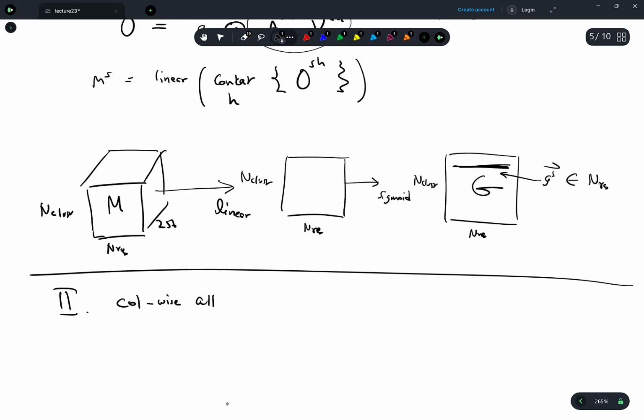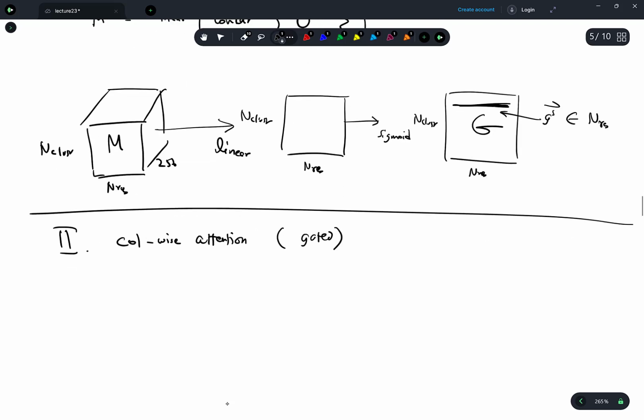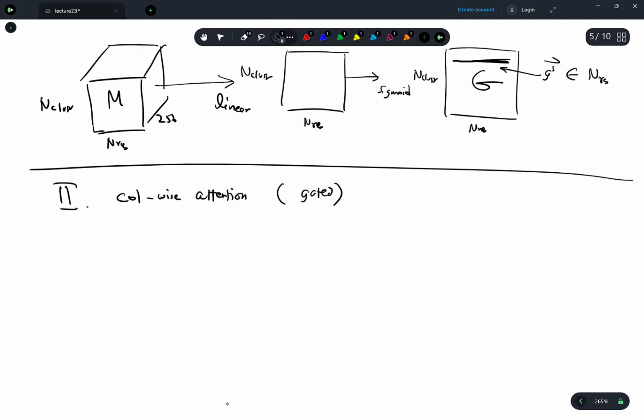The idea here is that you again take your M matrix. So this is again happening on the MSA representation. But now it's column-wise. What column-wise means is focus on one column at a time.